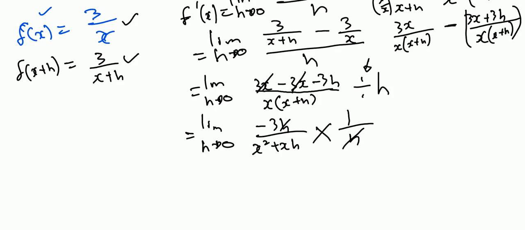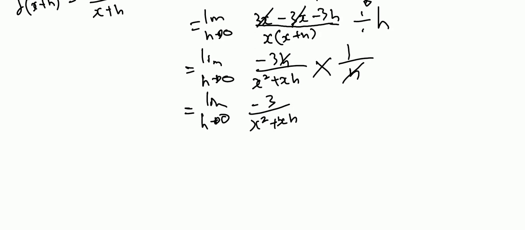Then we are left with the limit as h approaches 0 of negative 3 over x squared plus xh multiplied by 1, which is still the same thing. So now can we simplify further? No. Even if we simplify, there's nothing that is going to cancel.